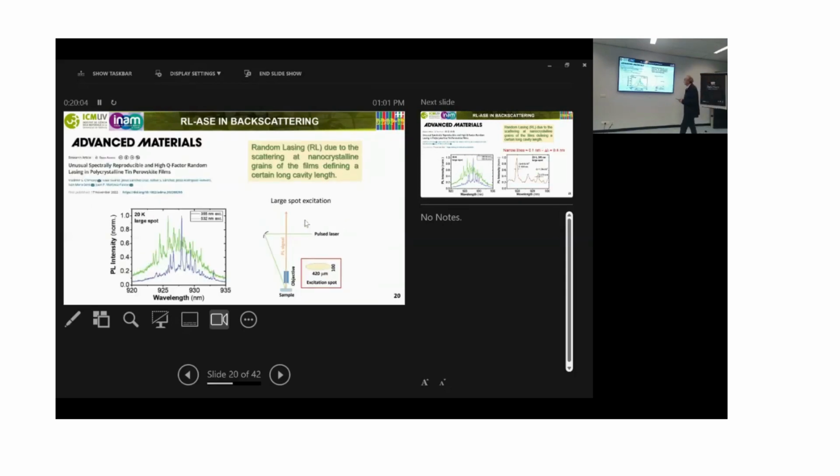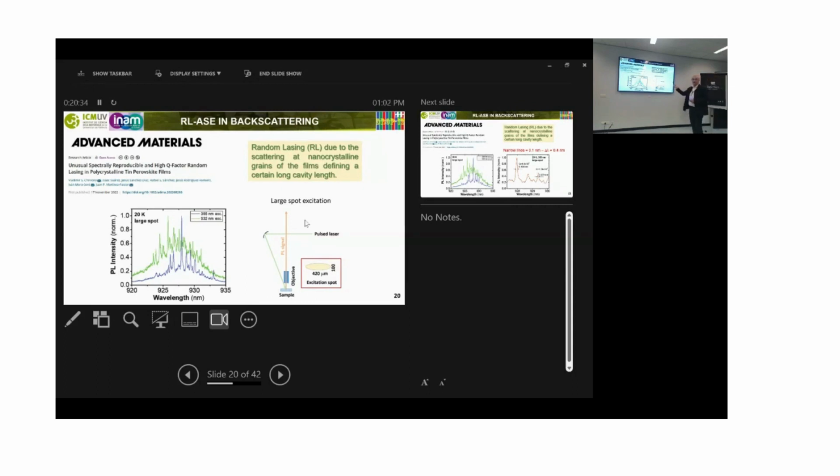Then this is the summary of the results regarding random lasing that I will summarize here. Mainly, as I told you before, the random lasing is due to scattering at non-crystalline grains, defining a certain long cavity in the material.